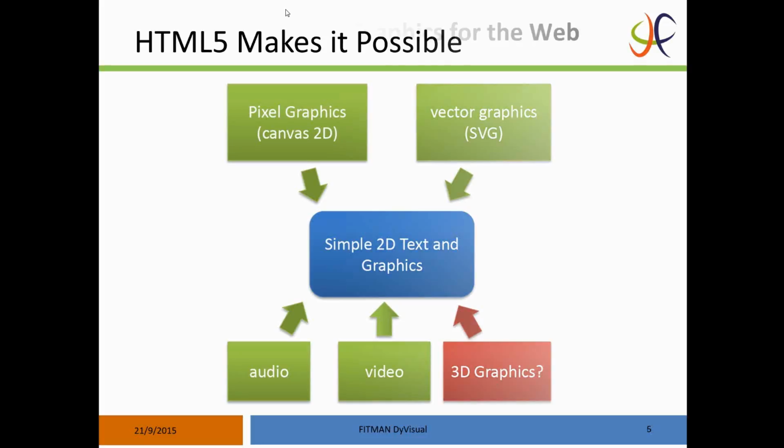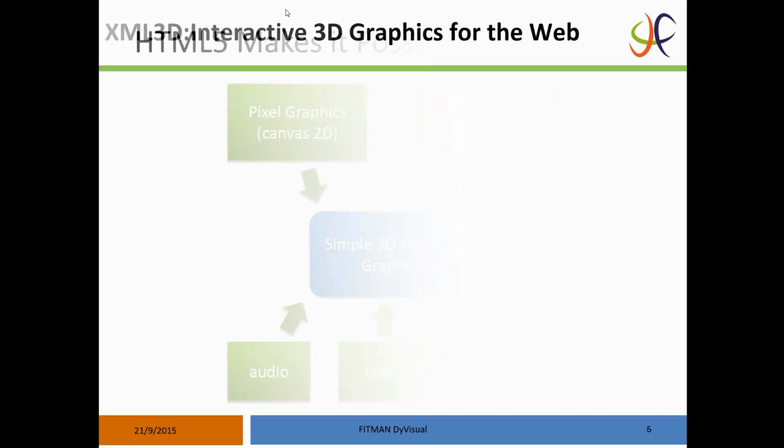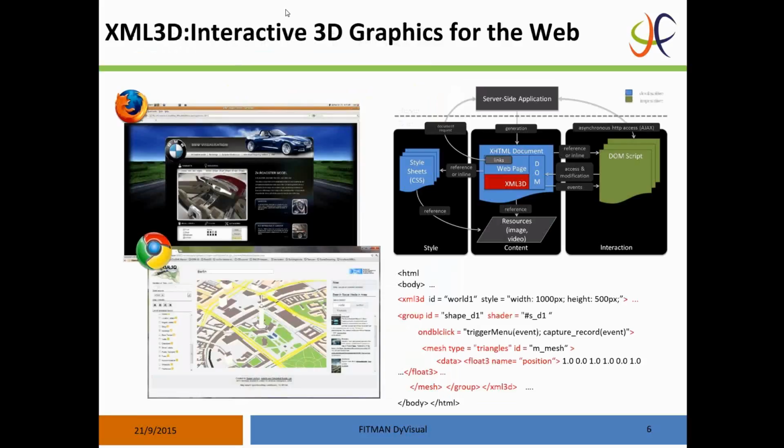With our technology, we are able to describe 3D content in a web page in a declarative manner, because of course you could also use just WebGL, but there you would need quite low-level knowledge about how to use and access this content.